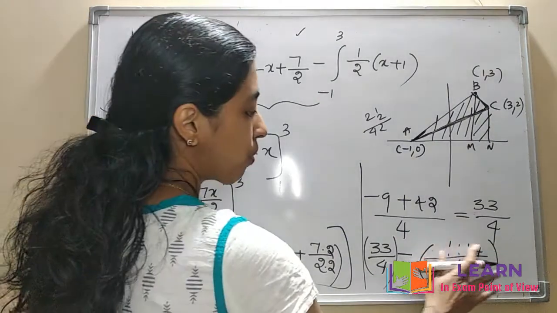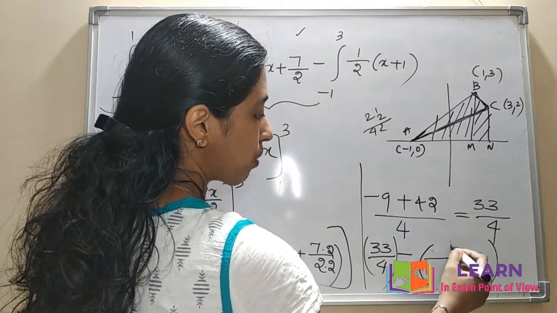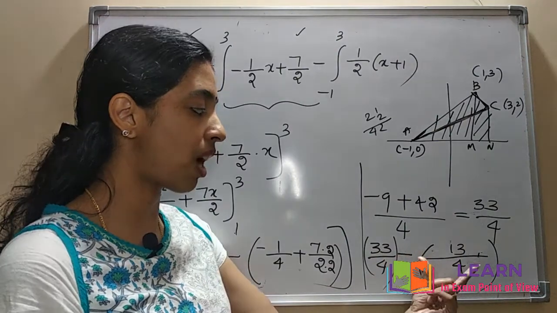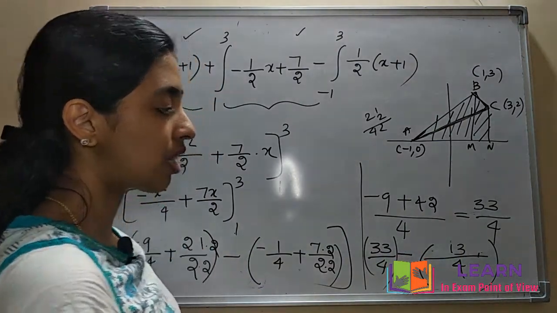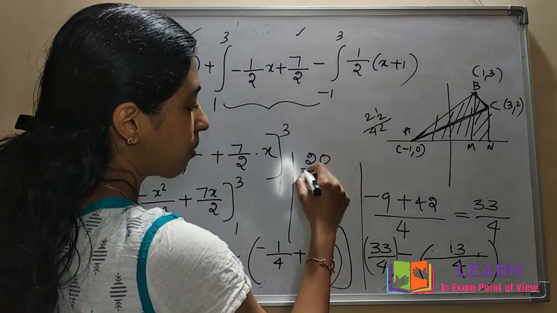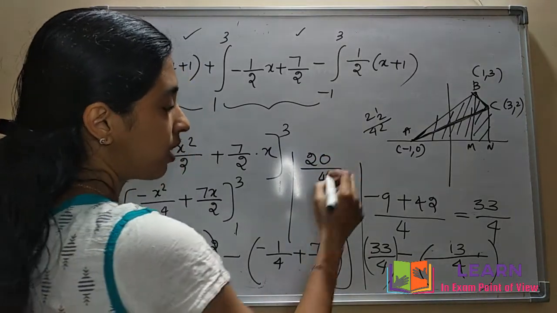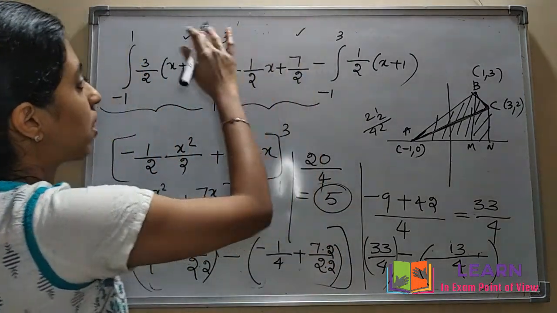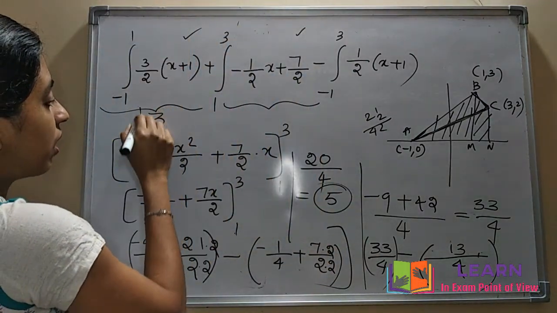Minus 1 plus 14 is what? 13 by 4. Now 33 minus 13. That is what? 20. So that is 20 by 4, right? That is what? 5. So 5 square units for the second part. For the first part we got 3, okay.